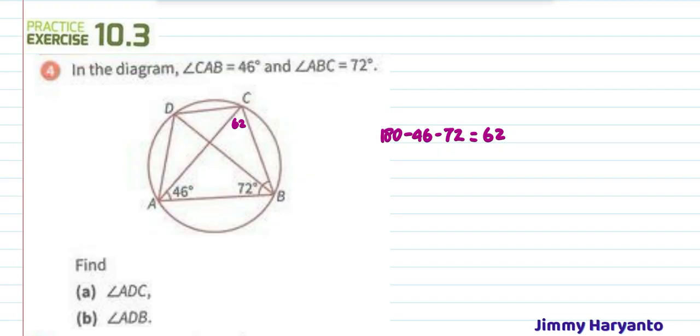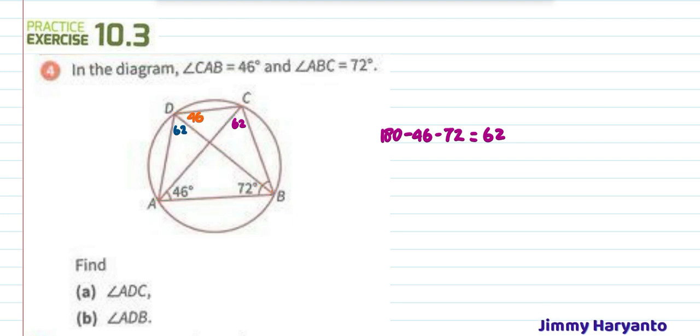Next is to use the circumference angle facing the same arc. So the blue will be 62 also, and I also have this one 46 and this one, same arc, so this one also 46.